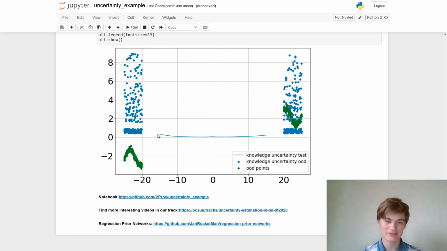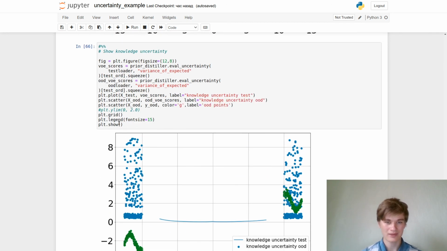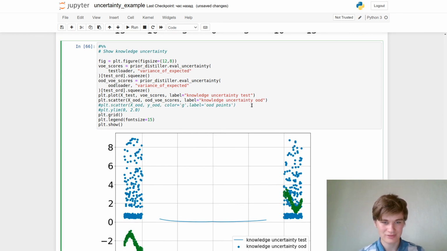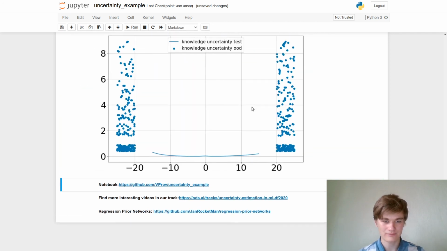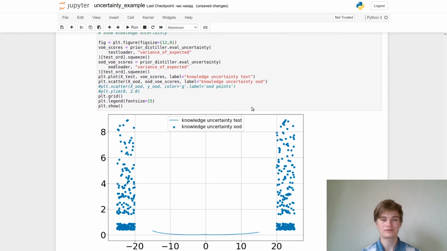And you can see that we have low knowledge uncertainty from -10 to 10. And it starts to grow outside these regions. Well, I think it's better if we omit our out-of-domain points. Yeah, it looks like that.